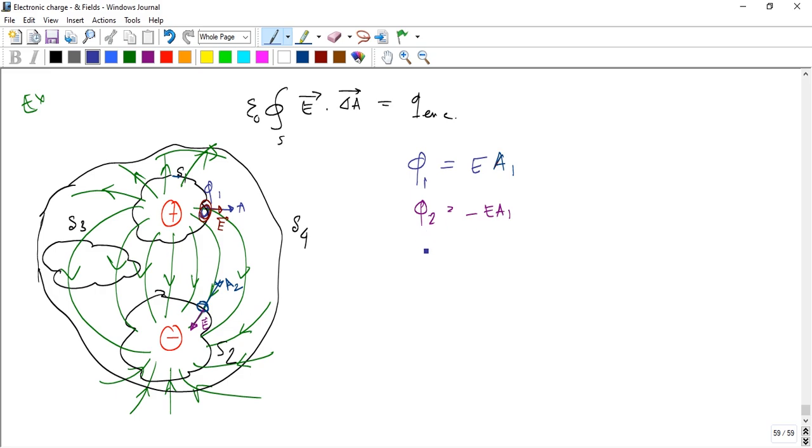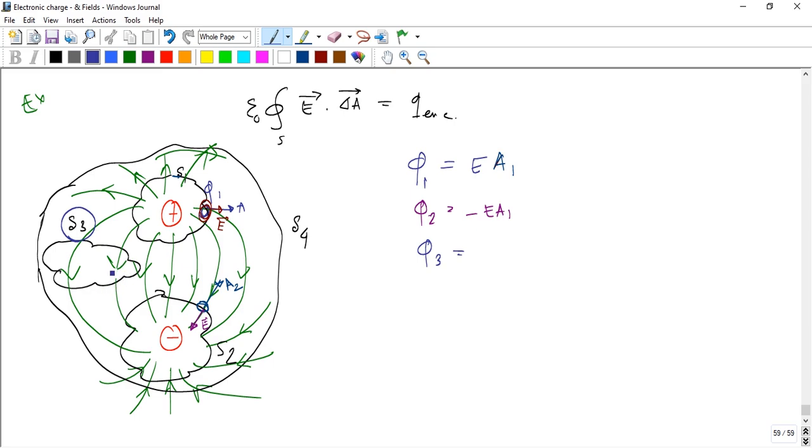And for surface 3, see that very carefully, the electric field goes inwards here, but the same electric field goes outwards. If I add these two fluxes, you get a resultant flux of 0, because there is no charge enclosed by the surface.